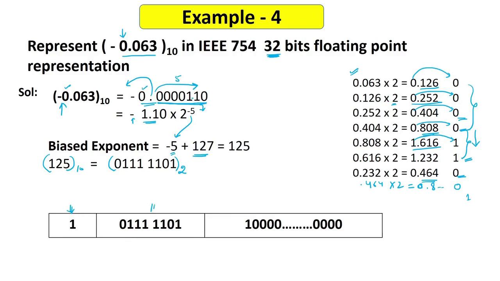Now this exponent is these bits. Okay, this is the biased exponent of 8 bits. Now these are the 23 bits of the mantissa. So the mantissa is this one, that is 0.10. Okay, so this 0.10, or you can say simply 10, is this one. And all the rest of the bits are appended as zeros to make it 23 bits.